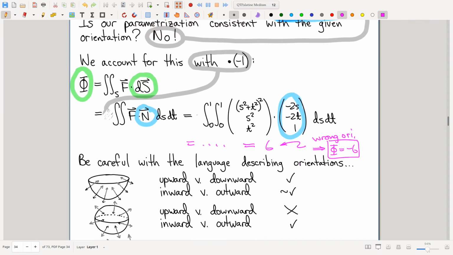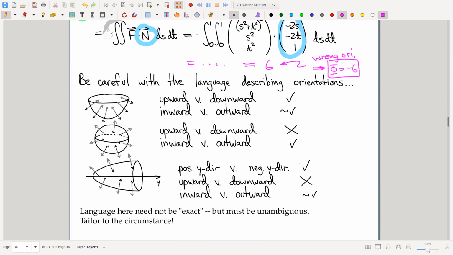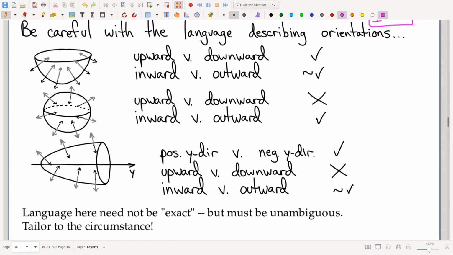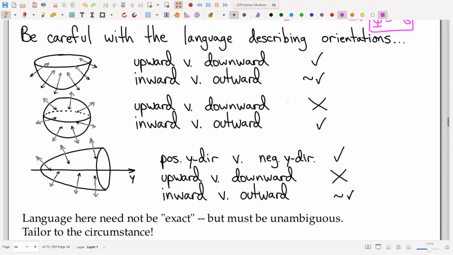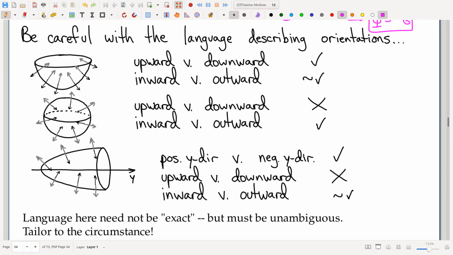All right, so let's talk about the language here. There are some little subtleties of the language. Let's look at this surface here, this paraboloid. On that paraboloid, there are 2 orientations. That's what I'm going to call the green orientation there, and what I'm going to call the blue orientation.